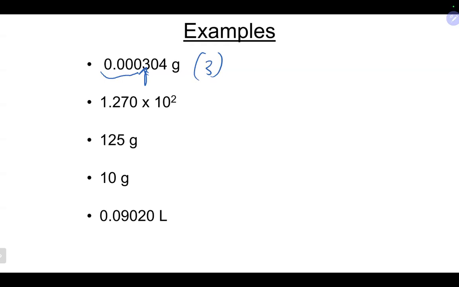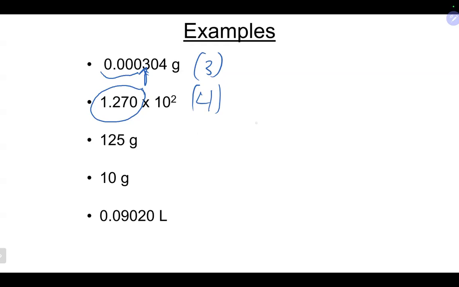In this second one, we do have something written in scientific notation. Remember, it is all the numbers before the times 10 part that are significant. In that case, that would be 4 significant figures. Sometimes people make a mistake when they have something in scientific notation. They're trying to figure out how many significant figures it is, and they will convert it into a decimal number.